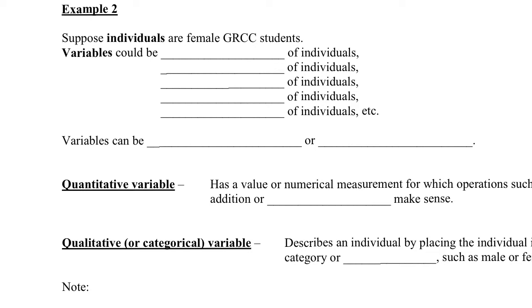And remember, these could be pretty much anything that you can measure or count. So variables could be the height of individuals, could be the weight, could be the age, could be the nationality, and it could be the eye color.